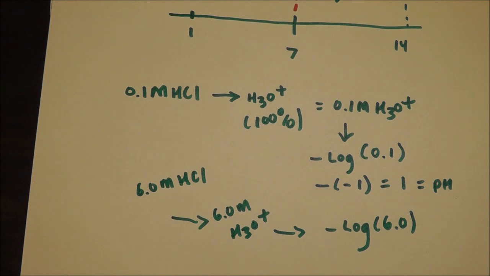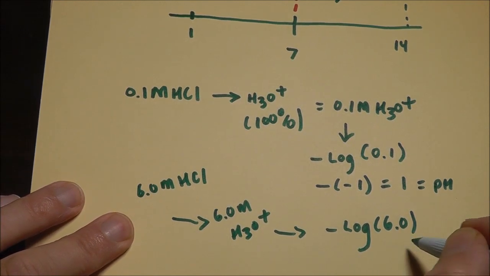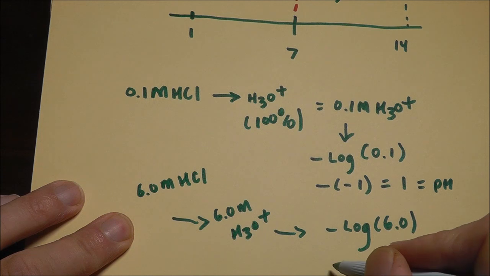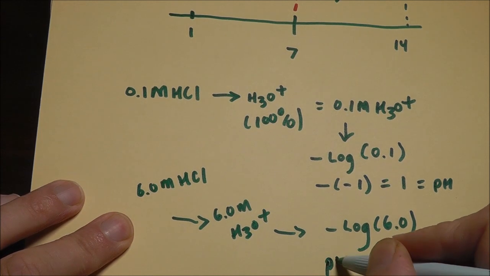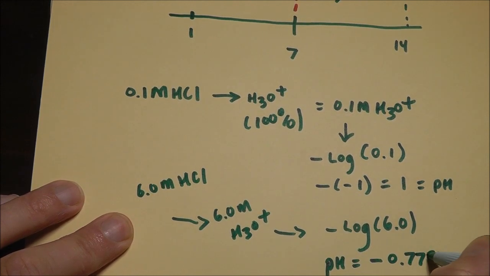It's between a log of 0 and 1, because the log of 10 would be 1 and the log of 1 would be 0. If you plug this into your calculator, you'll get 0.778 for the log of 6.0. So the pH of this would actually be negative 0.778.